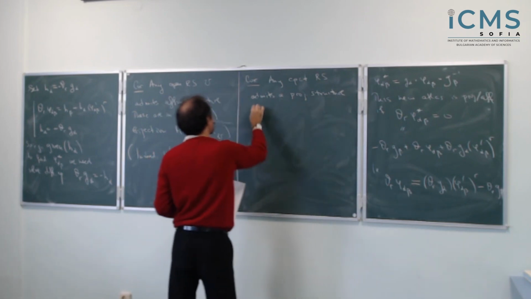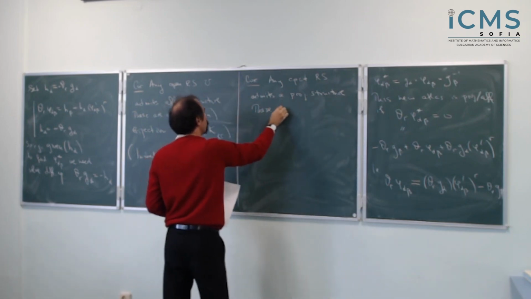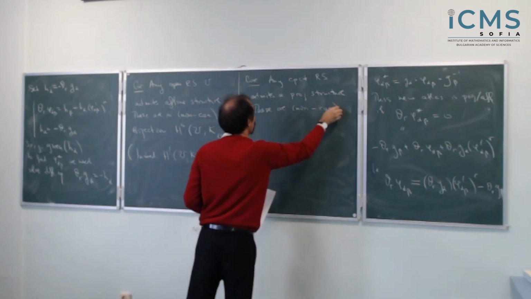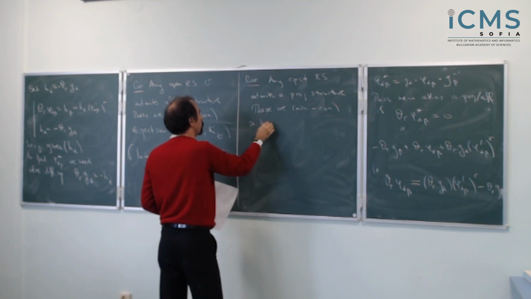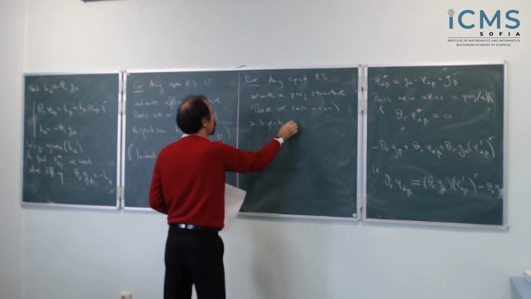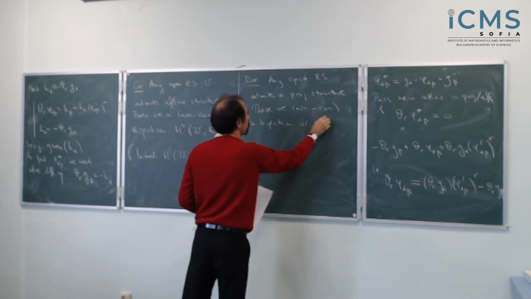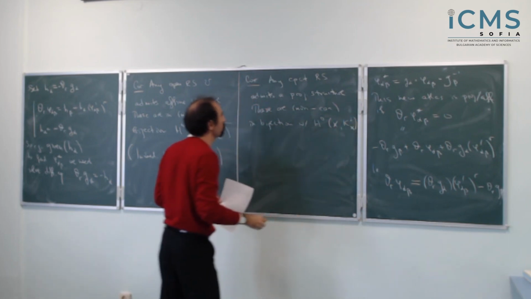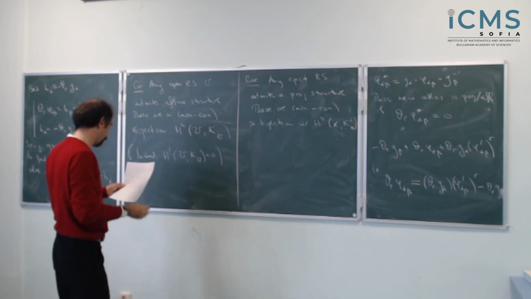So these are not canonically in bijection with quadratic differentials. So we have 3g minus 3 dimensional space of projective structures.